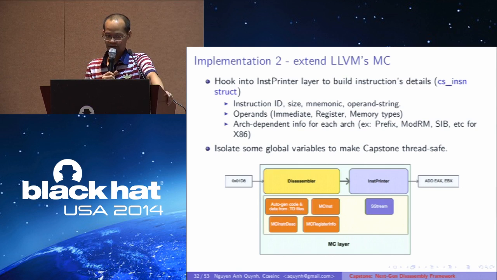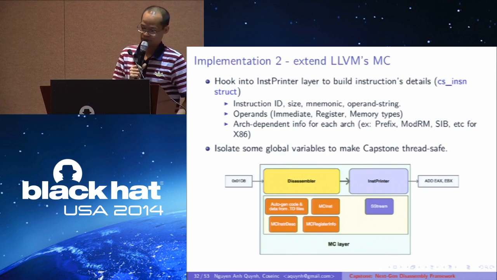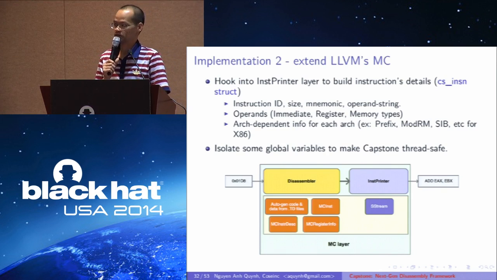and in this layer, my hook gives all the details like instruction ID, the size of the instruction, the mnemonic, the operand strings, and after that, it produces all the operand information: how many operands this instruction has, and the type of each operand.